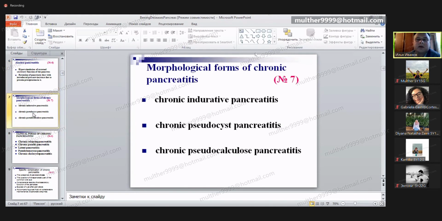So, please, some classifications. The main morphological forms of chronic pancreatitis: the development of chronic indurated pancreatitis, chronic pseudocyst pancreatitis, chronic pseudocalculous pancreatitis. Please put down this classification in your notes.